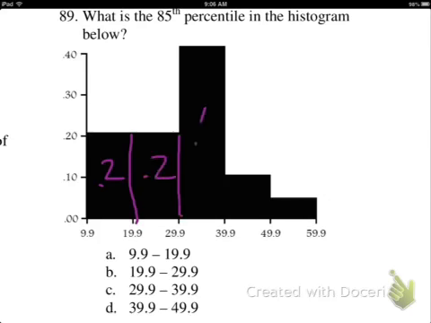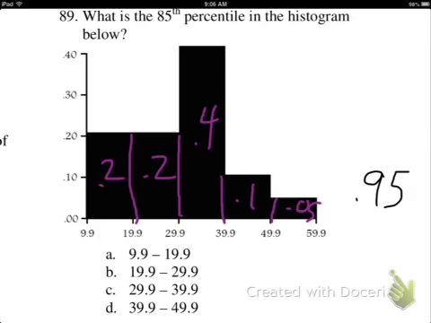In this box right here, we have 0.4. In this box right here, we have 0.1. And then the last one looks like it's 0.05. So 0.2 plus 0.2 plus 0.4, I'm just going to do all that in my head. So 0.2, 0.4, 0.8, 0.9, 0.95 is what we have. That's what we have total, adding up all those numbers together.